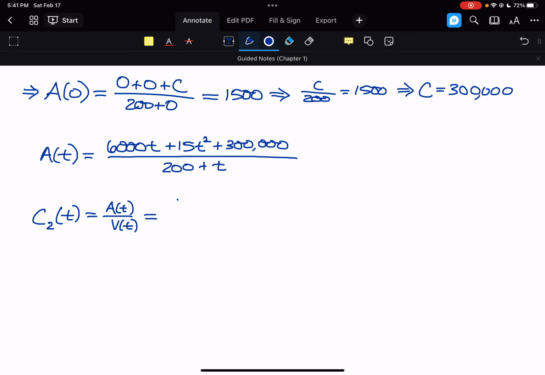So we're going to get 6,000t + 15t squared + 300,000 over 200 + t. And then instead of making the complex fraction, I'm just going to combine the denominators here. So there's a 600 + 3t.